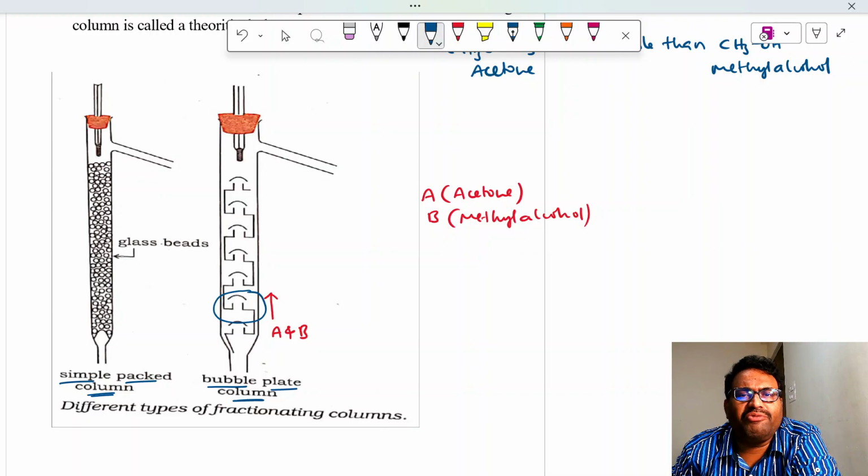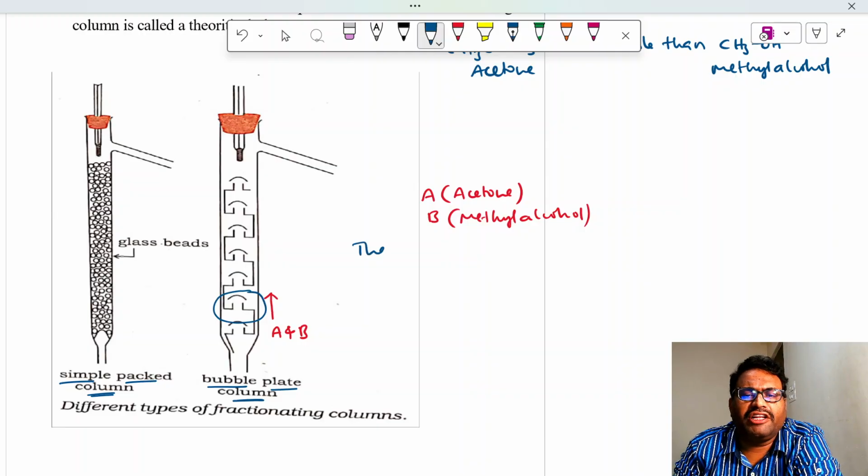Among A and B, which will condense first? If their temperature decreases, slowly they will be converting into liquid form. So which converts into liquid form first? B converts into liquid form first.